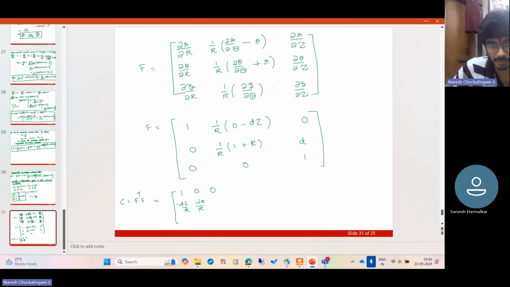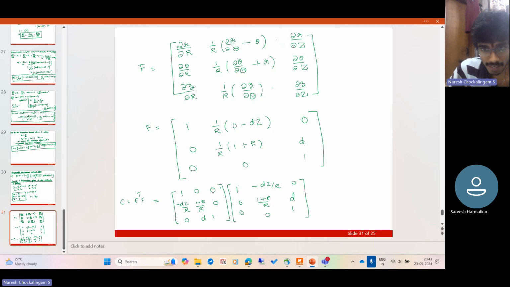Then 1 plus r by r, 0, 0, d, 1, multiplied with 1, 0, 0, minus dz by r, 1 plus r by r, 0, 0, d, 1.